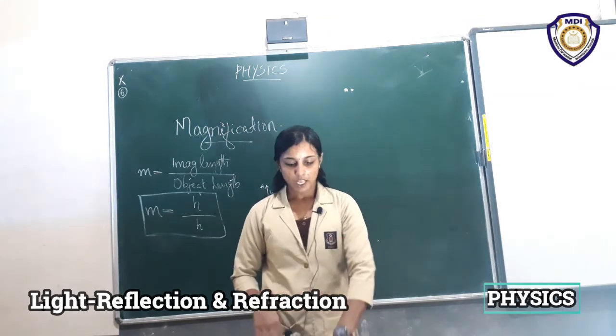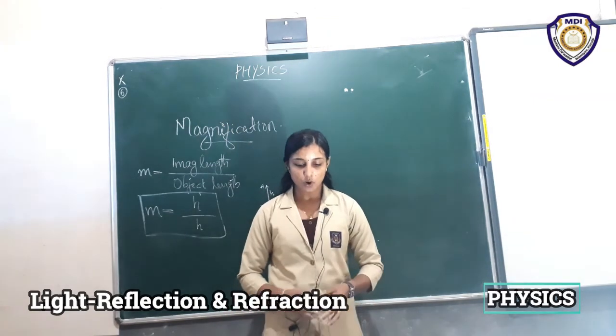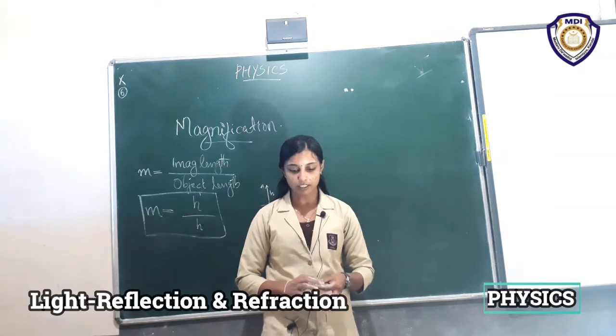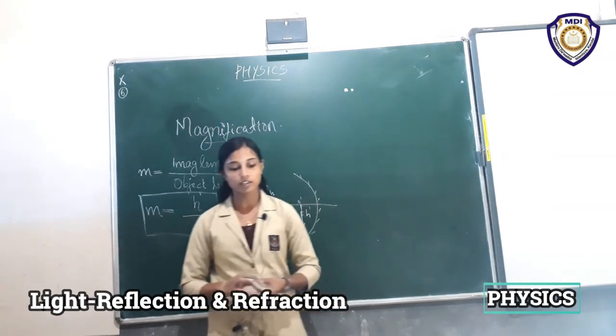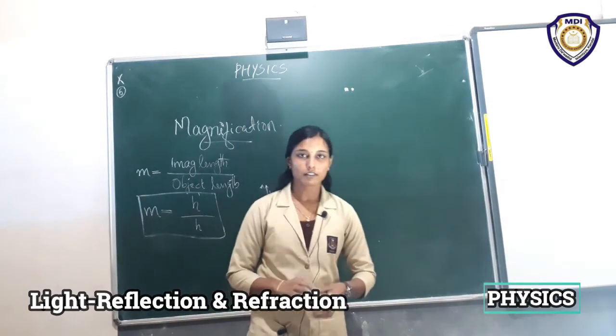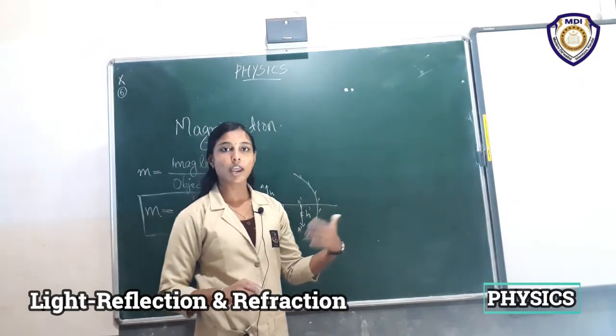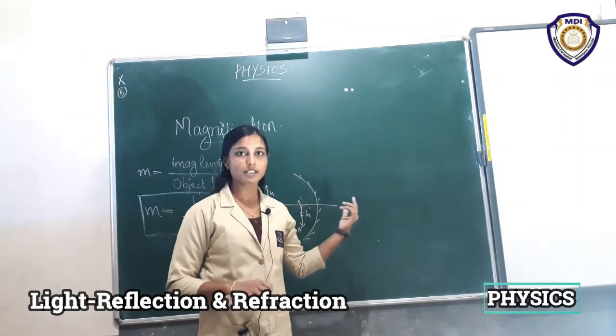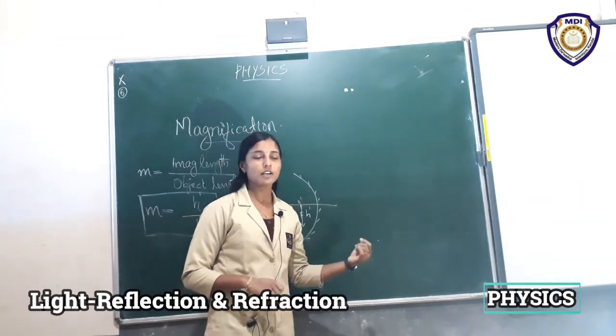So the magnification m is also related to the object distance u and image distance v. We already know what u and v are: u is the object distance and v is the image distance. So how does magnification relate to them?